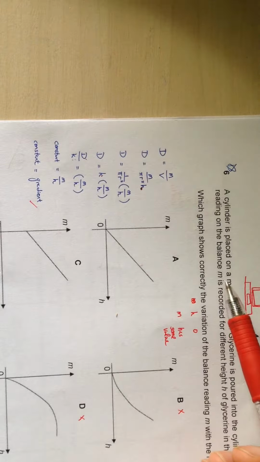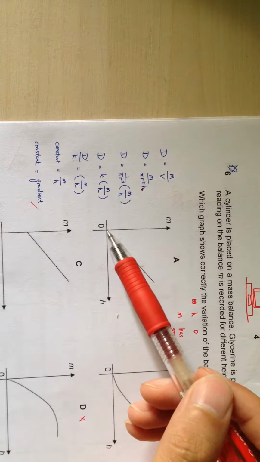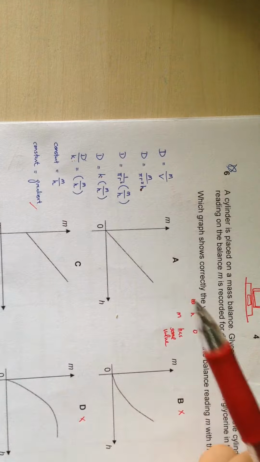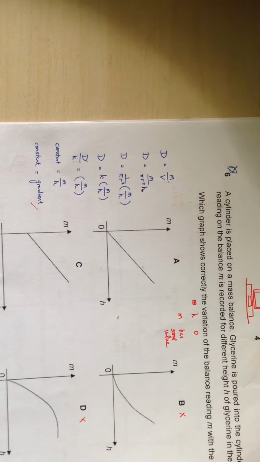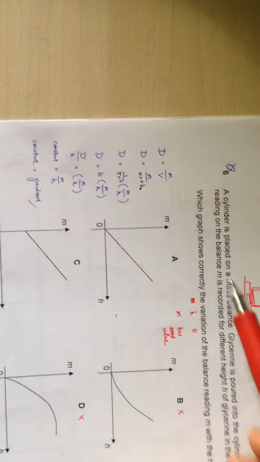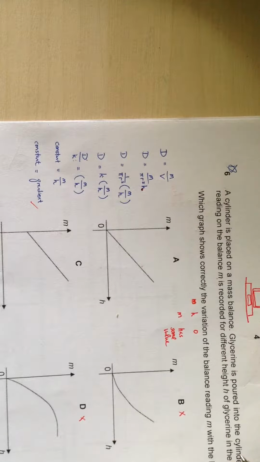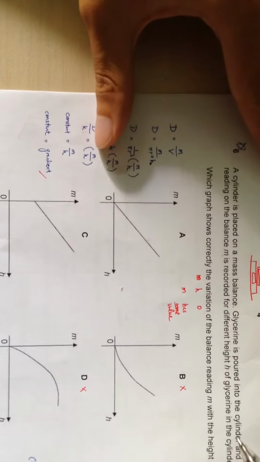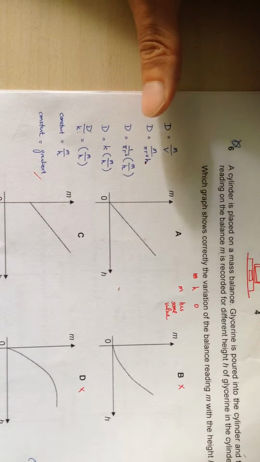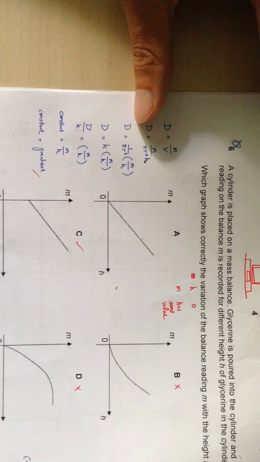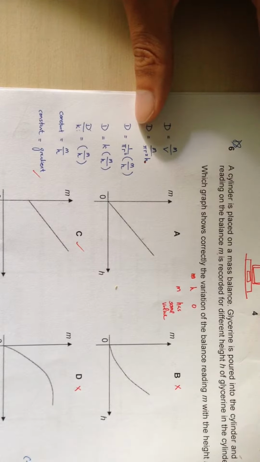So I told myself that if there's no liquid, when h is 0, mass must be 0. But then, by reading the question again, you will notice that this m actually includes the mass of the cylinder. So even if h is 0, my m has to have a certain value. That's why your correct answer is C.